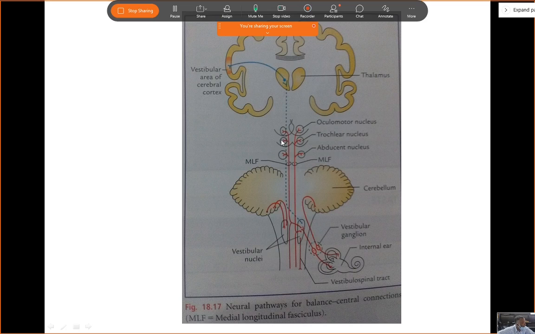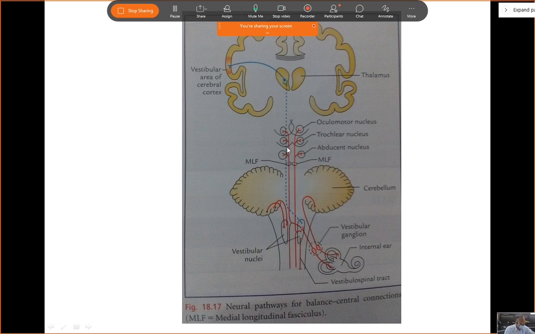Why are these necessary? To maintain balance. These fibers from the vestibular nuclei go to the opposite side and relay into the opposite oculomotor, trochlear and abducens nuclei, forming the medial longitudinal fasciculus.